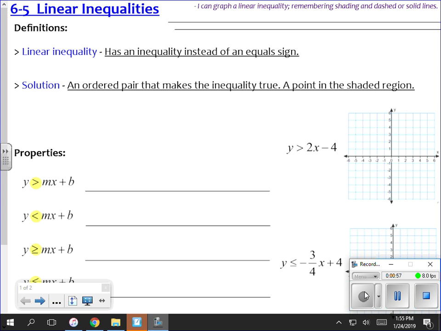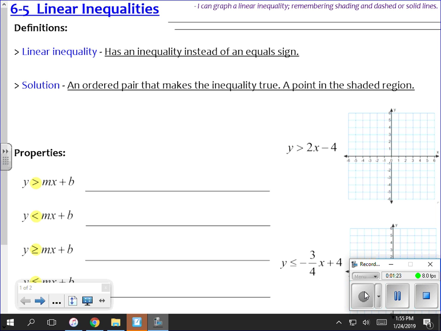It is a shaded portion of the graph. There are more areas that can be solved for an inequality than an equation. An equation just gives you a straight line. An inequality gives you a shaded area. Now you're basically dividing the graph in half and shading one side or the other.